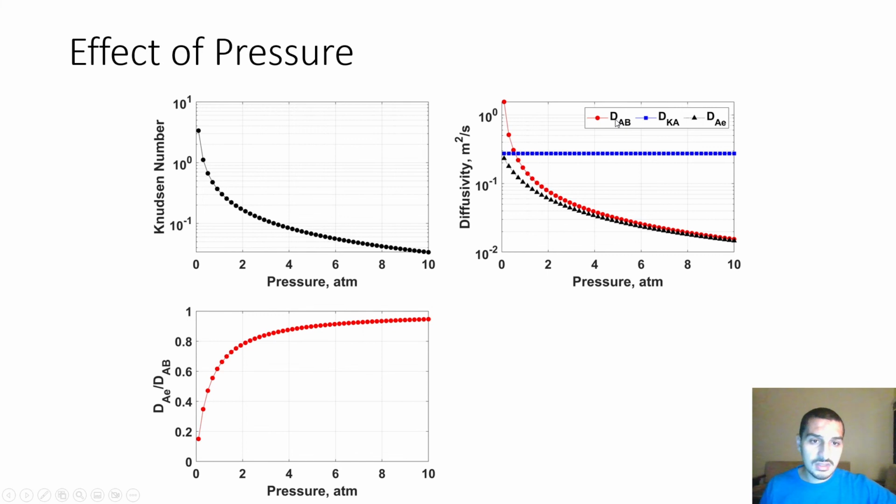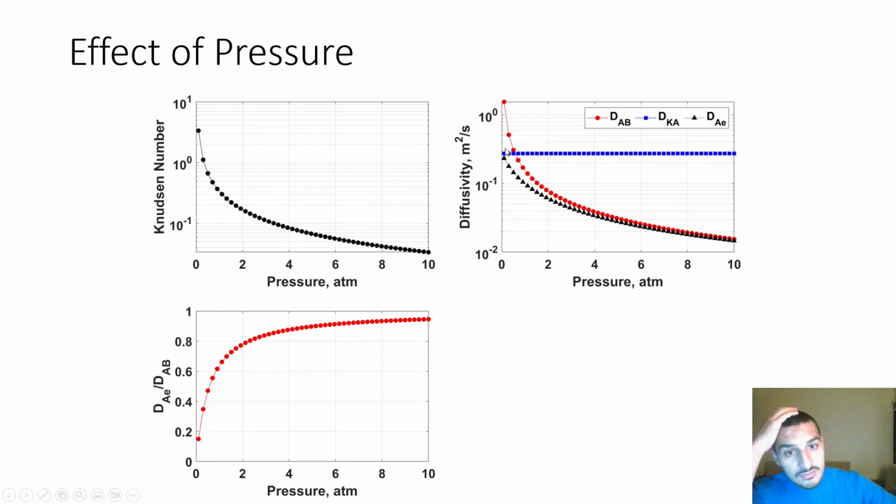We have here the molecular diffusion, Knudsen diffusion, and effective diffusion. Knudsen diffusion is not affected by the pressure by any means. So no matter what the pressure is, the Knudsen diffusivity is constant. And this is what we mentioned when we discussed the Knudsen diffusivity.